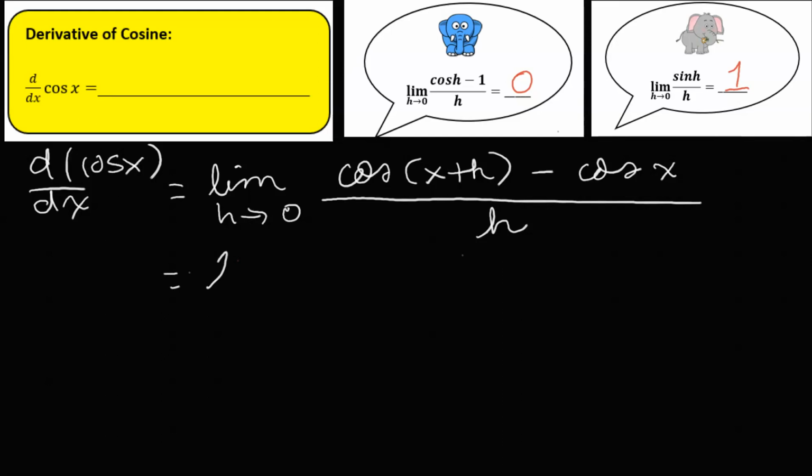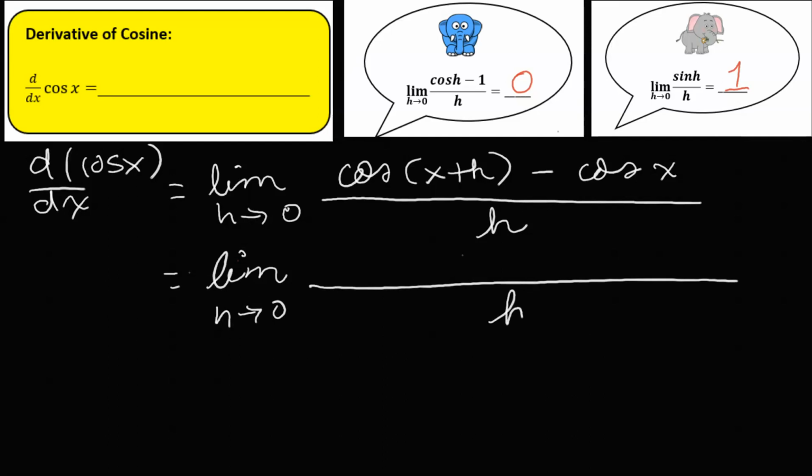So I'm going to rewrite the limit as h goes to 0, and I have h in the denominator. Cosine of x plus h: cosine, cosine, sine, sine, right? And it's subtraction.